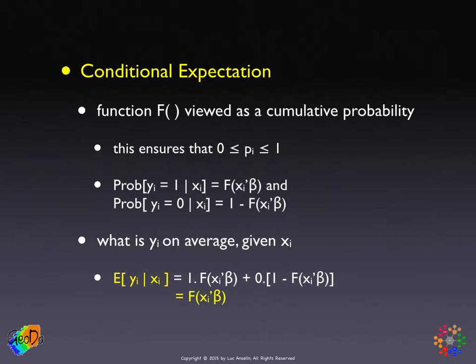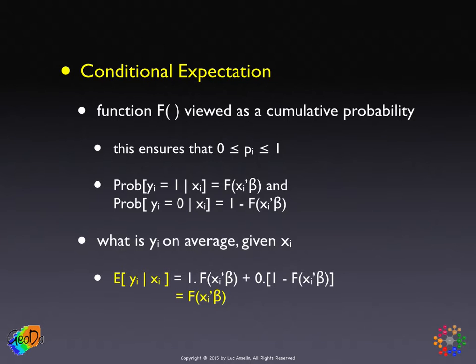On average, the average value of y sub i is this f function. Now, keep in mind that f is a cumulative probability, so the average of y sub i will not be 0 or 1, but it will be a fraction.